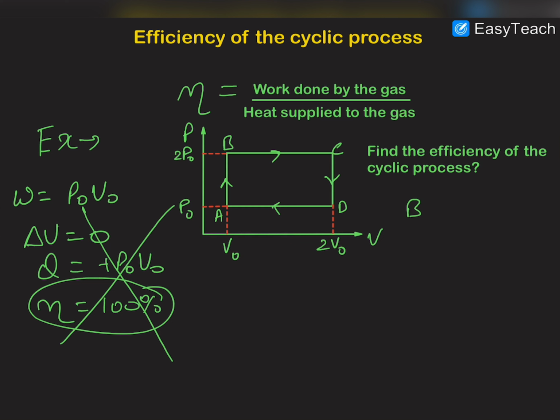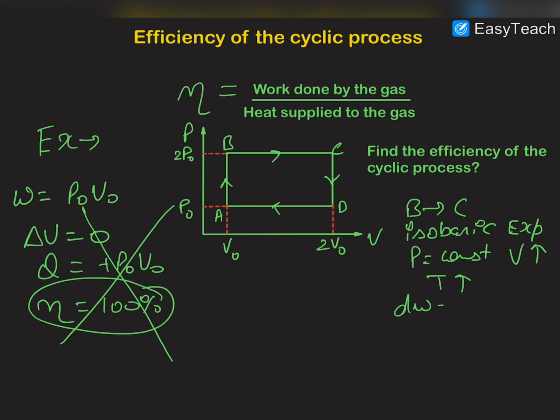Process BC is an isobaric expansion. In isobaric expansion you can see that P is constant and volume V increases, and therefore temperature increases.